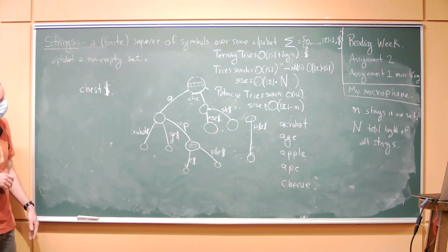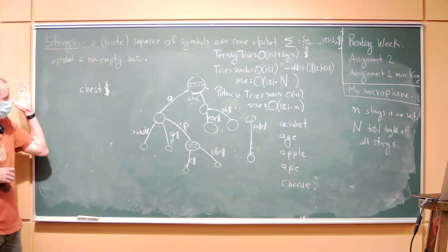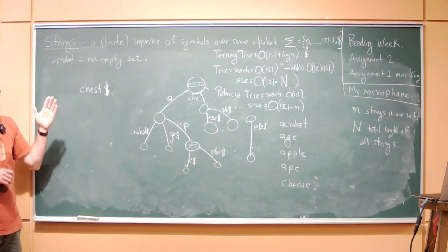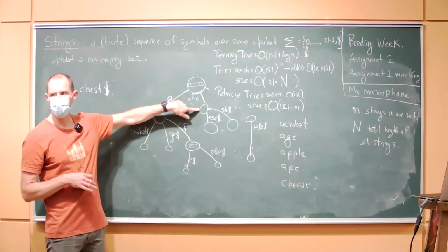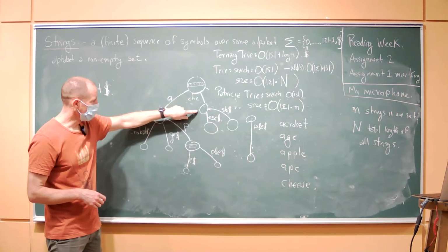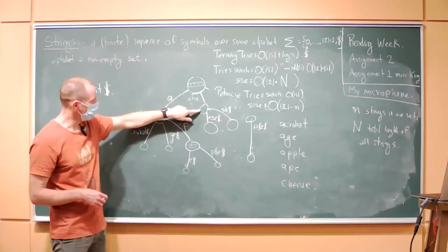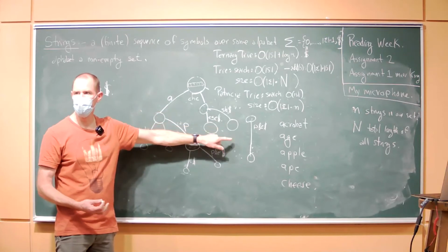Now, that's easy, right? You follow the search path until you can't anymore. Typically, that will happen in the middle of an edge, in which case you split the edge into two edges, and that newly inserted node will have a second child, which finishes the string that you're inserting.